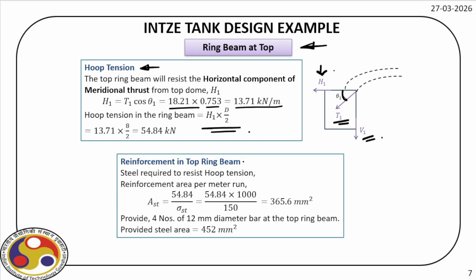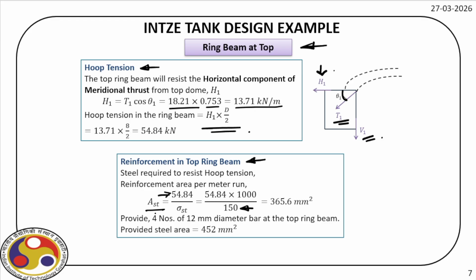Now next task is to find out the reinforcement in the top ring beam. So that we can easily find out. So it is there to resist the hoop tension. So the value of hoop tension divided by the allowable tensile stress, recall it was 150 Newton per millimeter square.